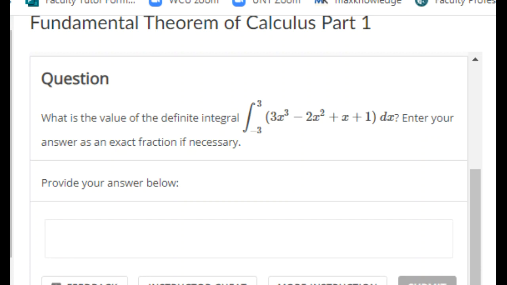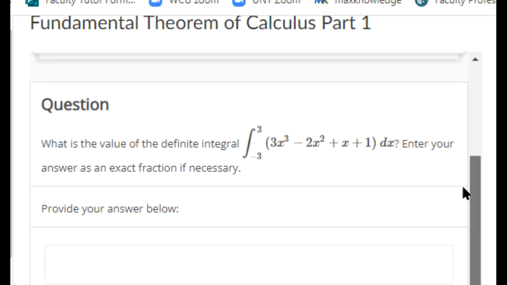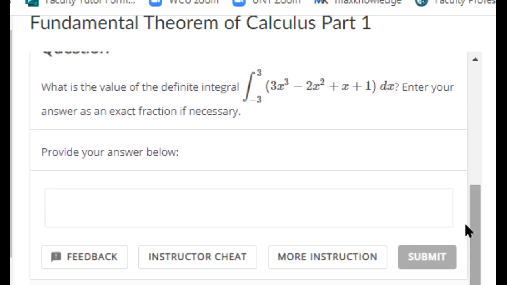All right, let me do some problems, some real fundamental theorem of calculus problems. Of course, what does the fundamental theorem of calculus say?